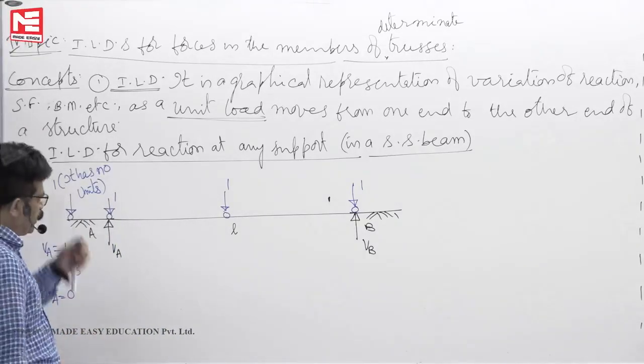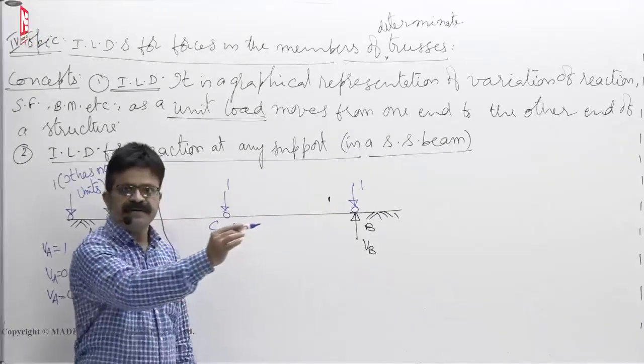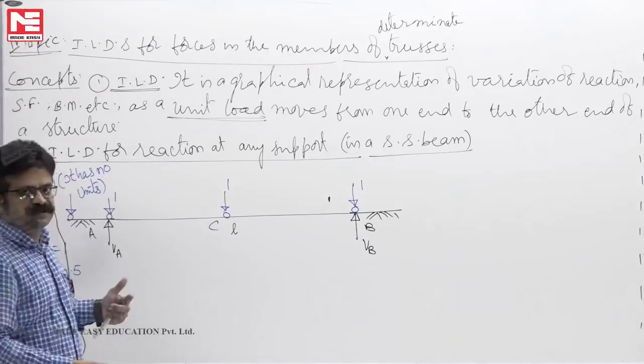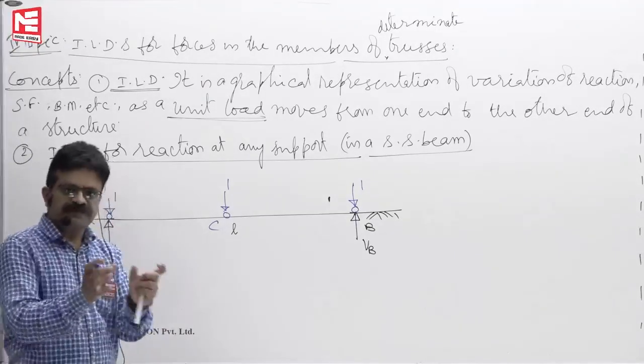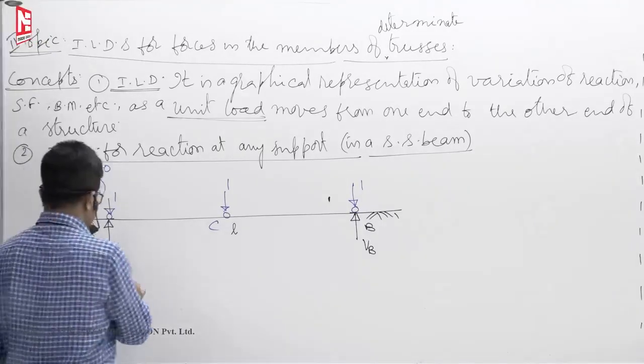Now you see, you will find that as the load is moving from A to C to B, the reaction at A is continuously changing from 1 to 0.5 to 0. If you plot that variation as a graph, that is called influence line diagram.